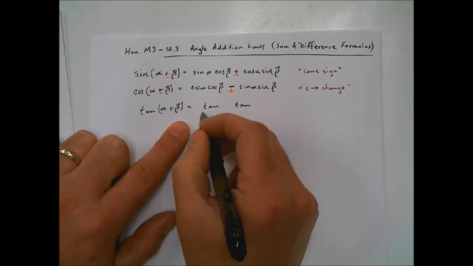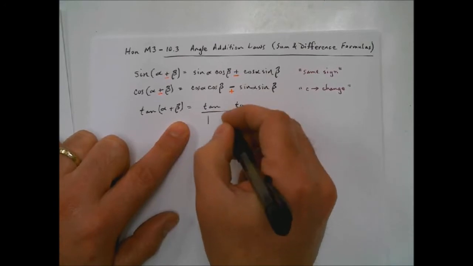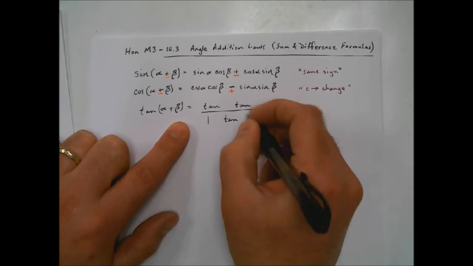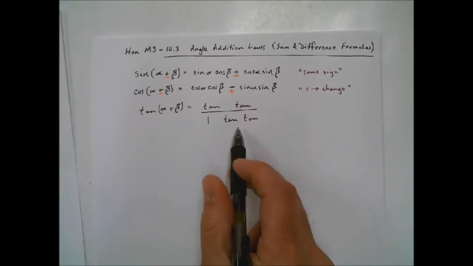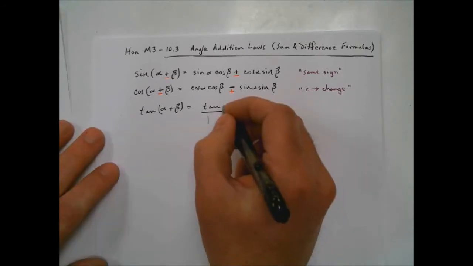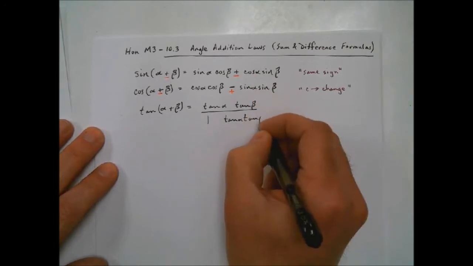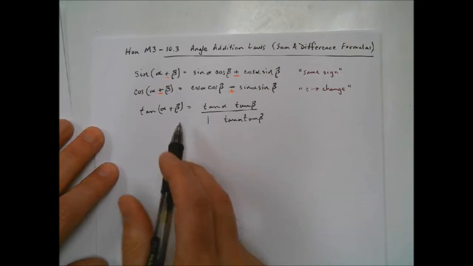Notice I'm leaving a space there in between. And on the bottom, we have 1 and a space, and then tangent. And we're going to be multiplying the tangents down here on the bottom, so don't leave much of a space. The angles, again, go in order. So you got alpha and beta up top, and you also have alpha and beta on the bottom.